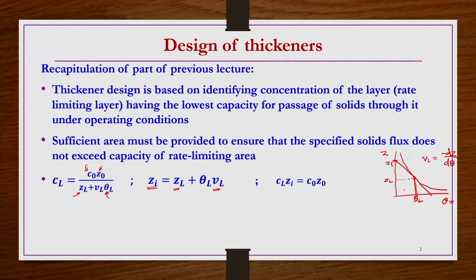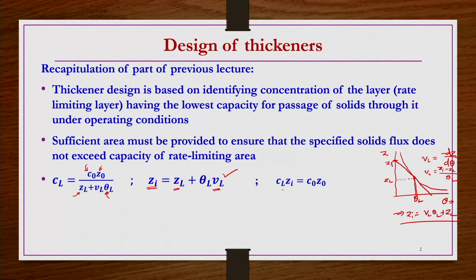We can find it from ZI minus ZL over theta L. So, ZI is equal to VL theta L plus ZL, and that information comes from the slope at this point. ZI is the intercept at theta L, and VL is the slope of the tangent at theta L.